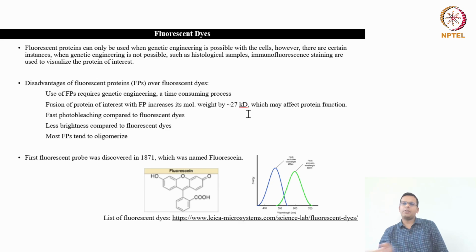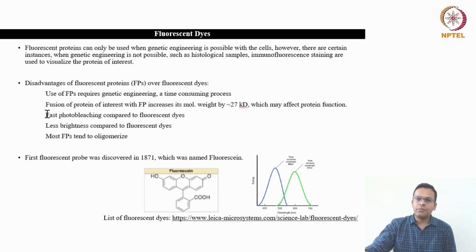So the overall molecular weight of your fusion protein will increase by 27 kilodalton, and that may affect the protein function. Whereas fluorescent dyes are very small molecules and not that heavy like GFP fluorescent proteins.